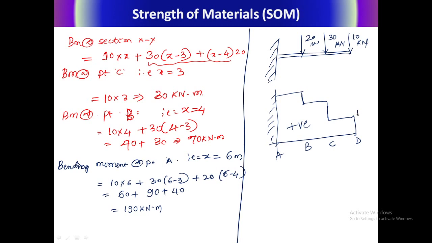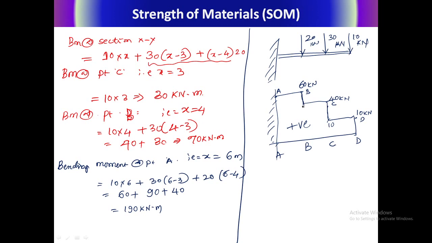So now it is 10 kilonewton here. Now this is 40 kilonewton. This is 60 kilonewton. Now this is point A, point B, point C, and point D. You may be asking, we have got two values at this point C. One is 10 kilonewton, another one is 40 kilonewton, right? So 10 kilonewton is there before application of this 30 kilonewton load. After application of 30 kilonewton load, how much is it going to come? 40 kilonewton.